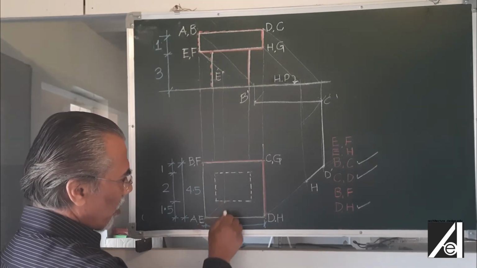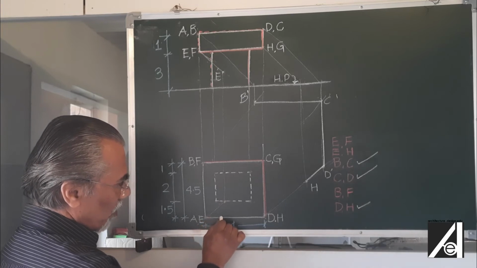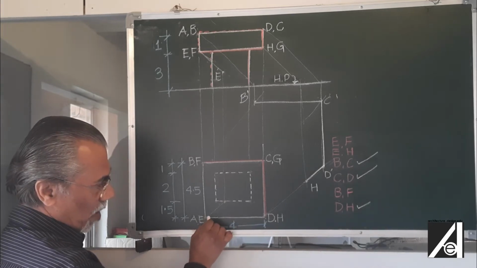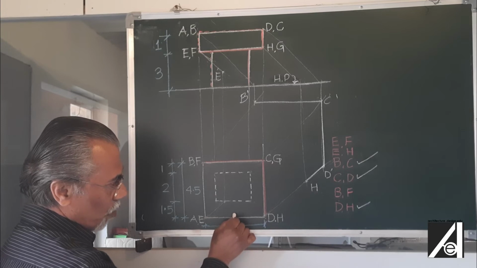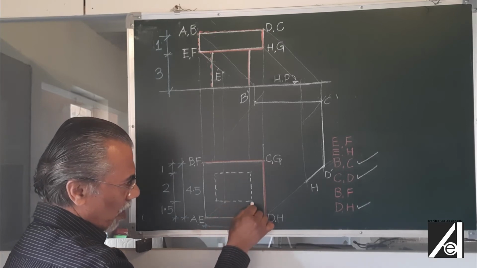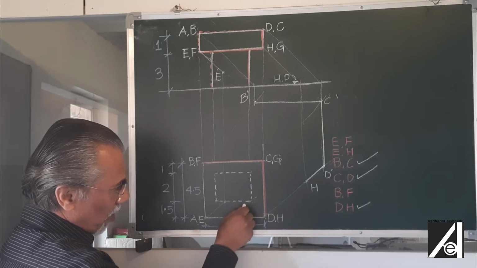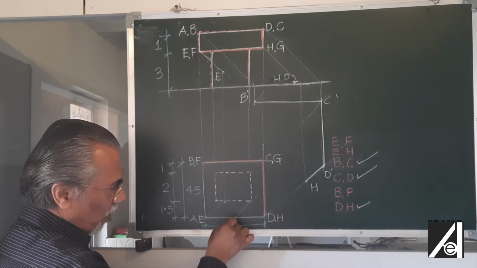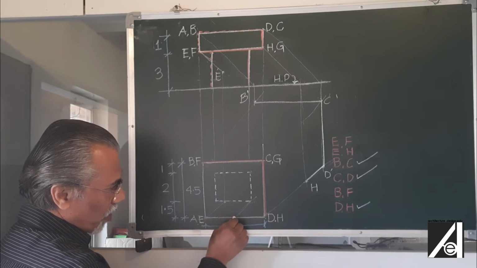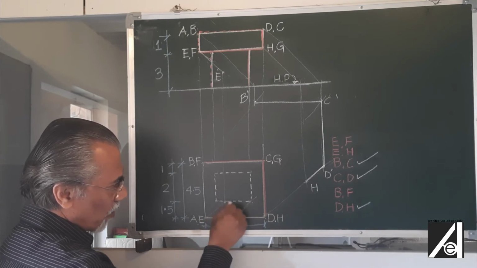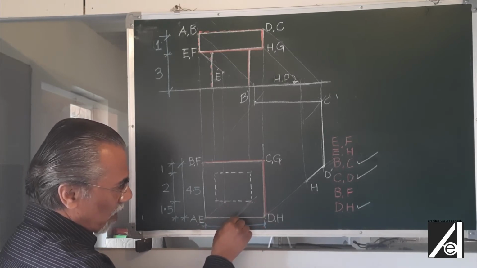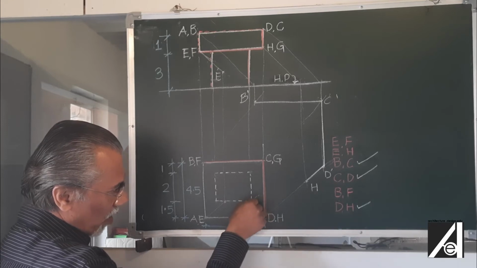So obviously all the points on this line are going to cast shadow here. So what's the last point which will cast? If I project it backwards, this will be the last point which will cast shadow on this vertical surface. So this point I mark here by taking this 45 here.